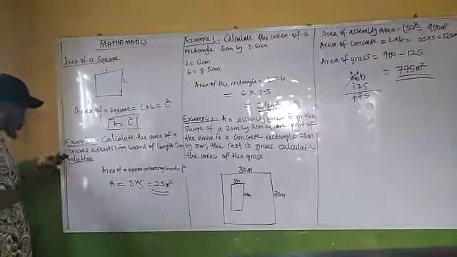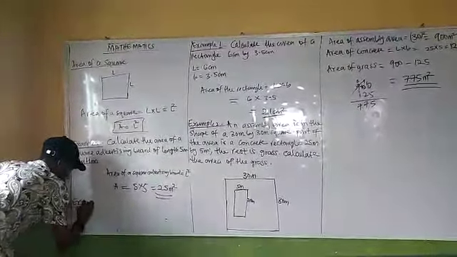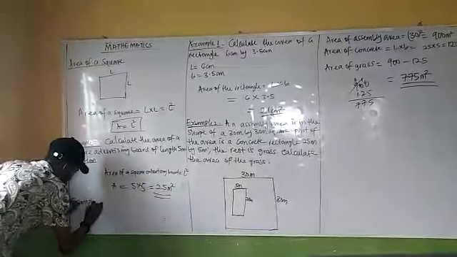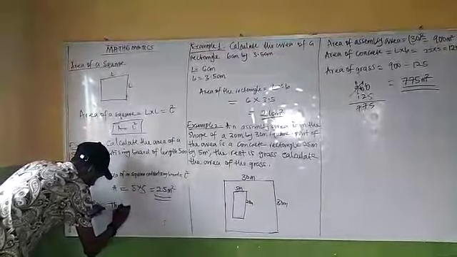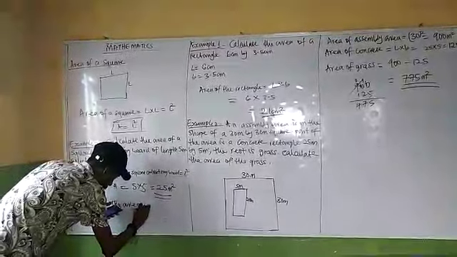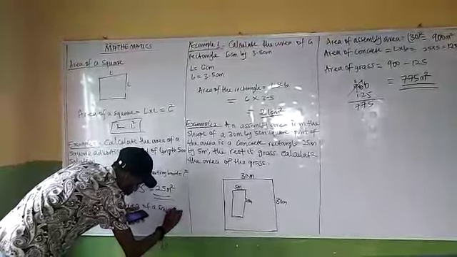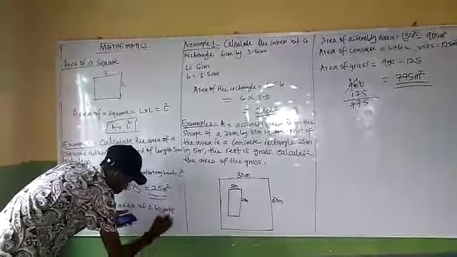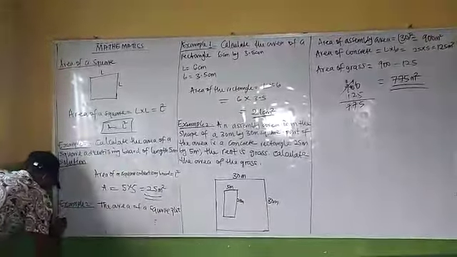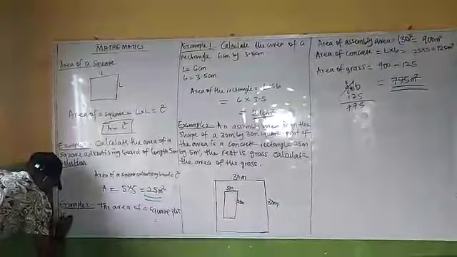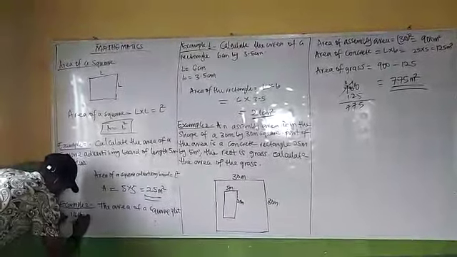Then example 2. Example 2 says the area of a square plot is 144 meters square.